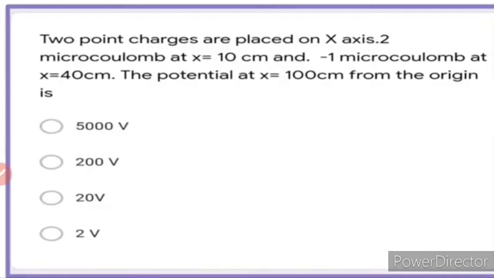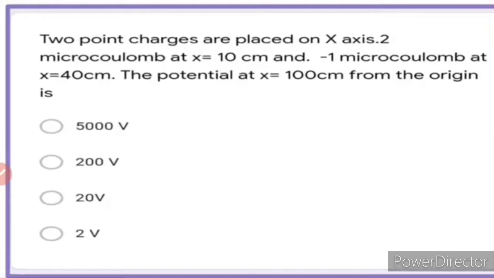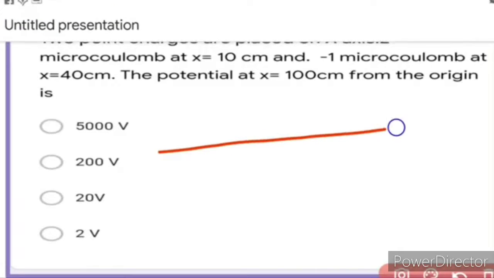Now next question, 2 point charges are placed on the x-axis: 2 microcoulomb at x equal to 10, minus 1 microcoulomb at x equal to 40, and you are asked to find the potential at x equal to 100 centimeter from the origin. So suppose this is the x-axis.